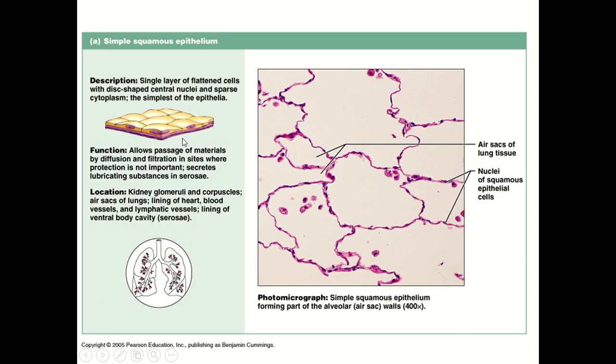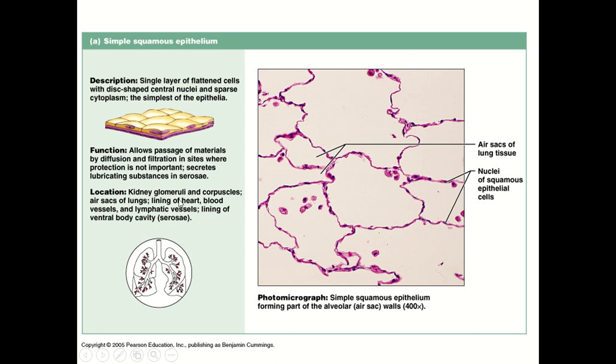It is the simplest epithelium. It functions to allow the passage of material by diffusion because it is very thin, and also for filtration where protection is not important. It will also secrete lubricating substances in serosae.